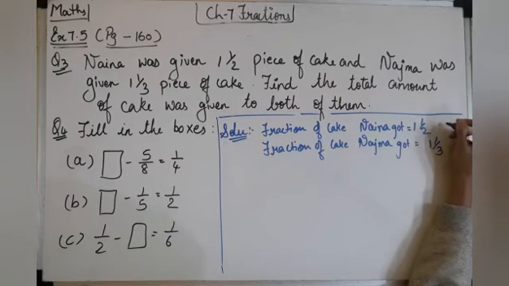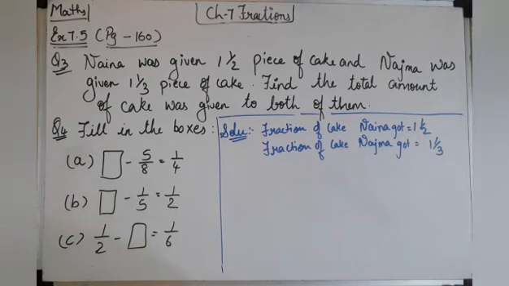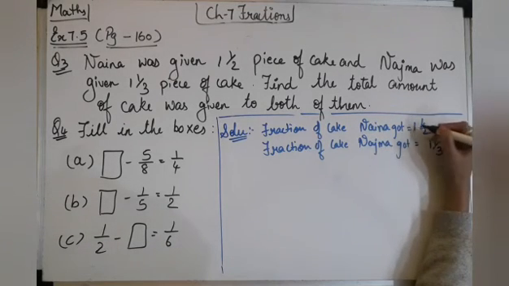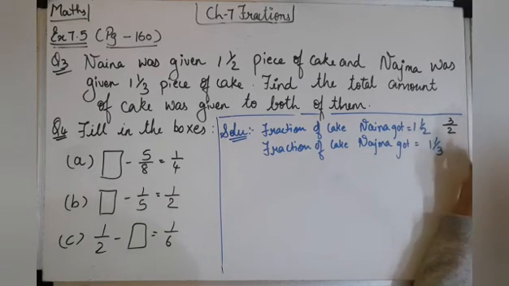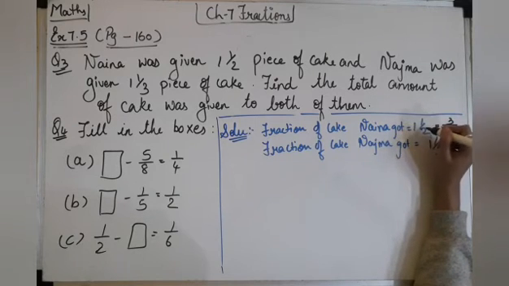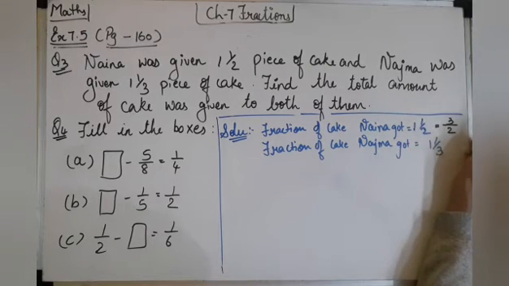So here we will see how we convert it into the improper fraction. You can see 2 ones are 2 and 2 plus 1 is 3, so 3 upon 2. You remember in the previous video I told that we have to go upward, right? So 2 ones are 2, and the plus sign will be there, so 2 plus 1 is 3. So I have written 3 upon 2.